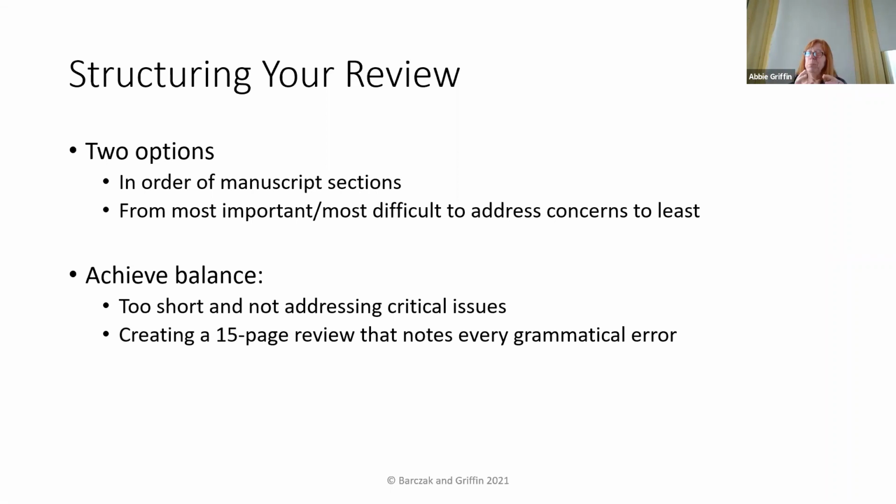Sometimes, however, probably most of the time for me, I may start writing and making notes in order of the manuscript sections, but when I go back, I think, the really most important thing for them to think about, or the showstopper, the critical flaw, is this, and therefore I want to discuss it first. Or this is the most difficult thing for them to overcome, and therefore I'm going to discuss it first.